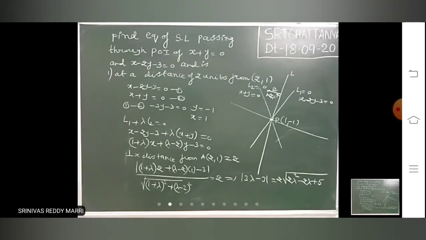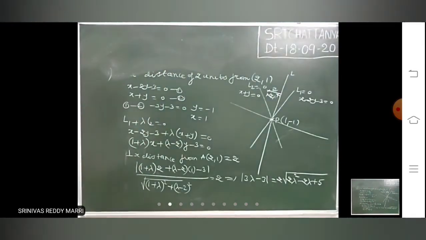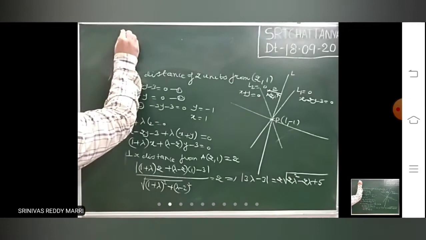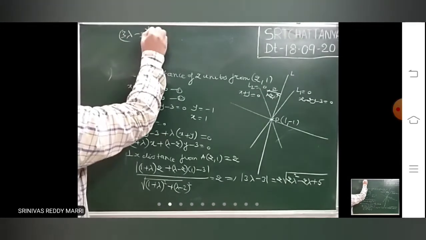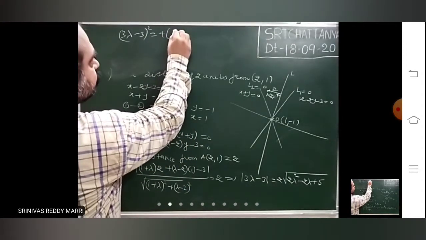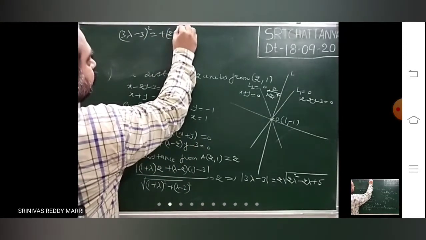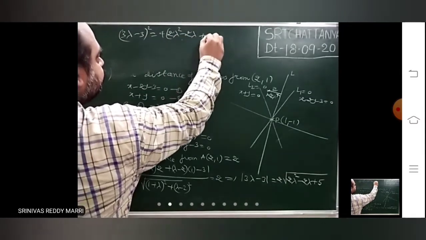Now squaring on both sides: (3 lambda minus 3) whole square equals 4 into (2 lambda square minus 2 lambda plus 5).